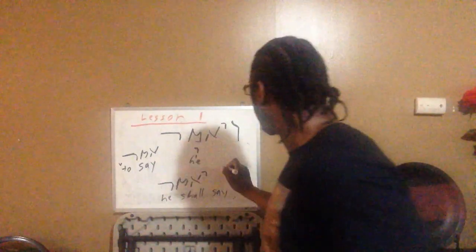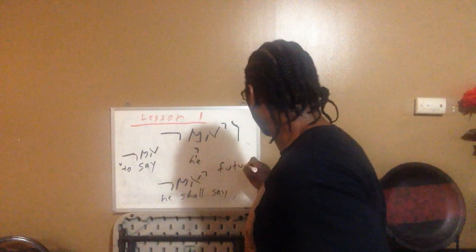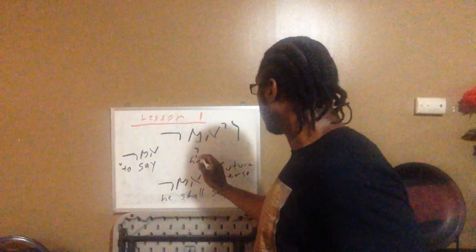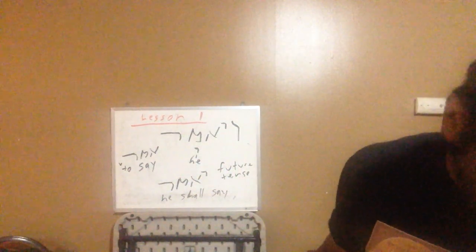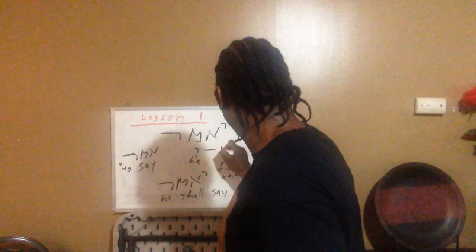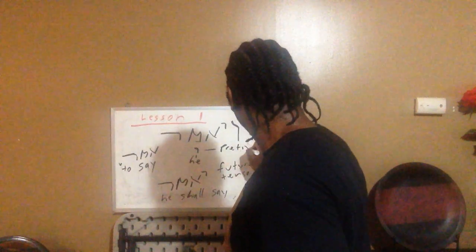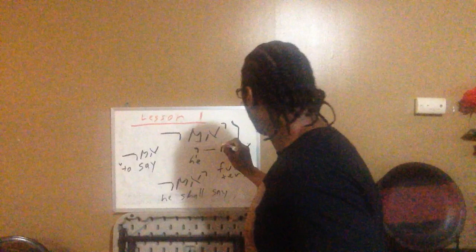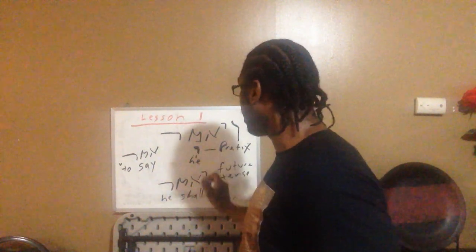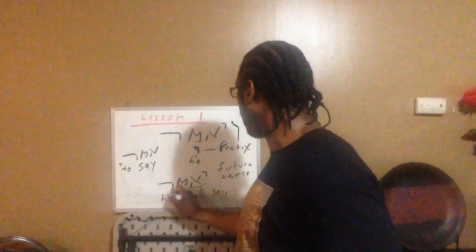So this is known as future tense, because you put the Yah first. So Yah, that's what you would call a prefix. You put it first. This is a prefix. Now, the Yah is a prefix for he. So Yah Amar means he shall say.